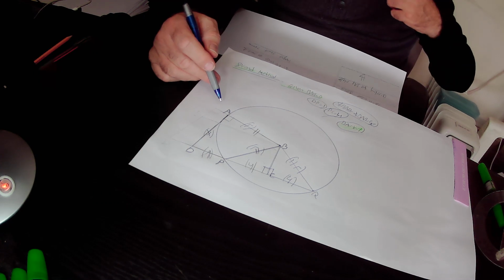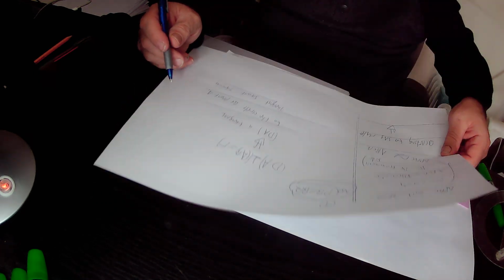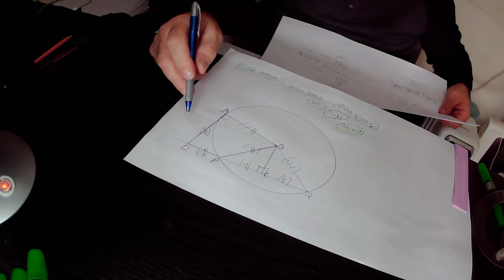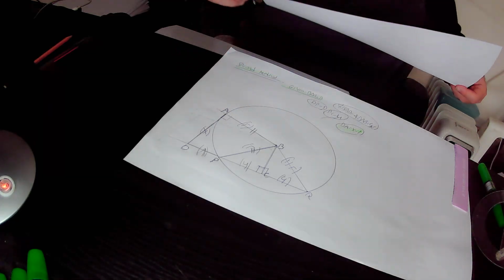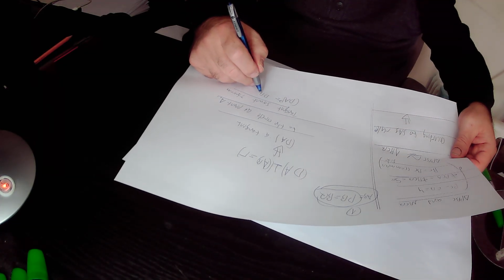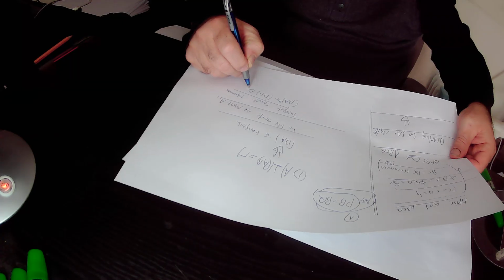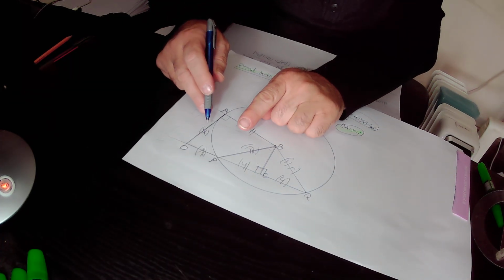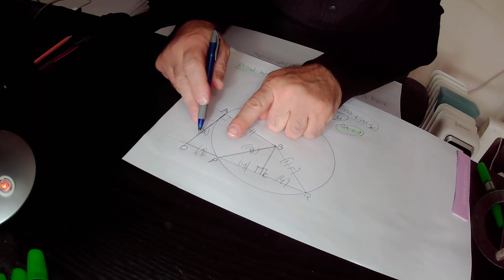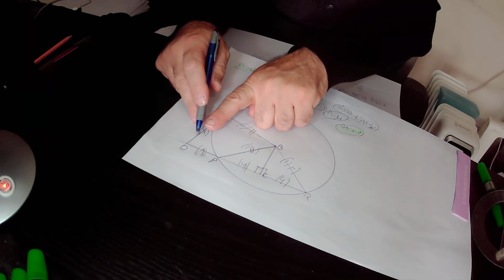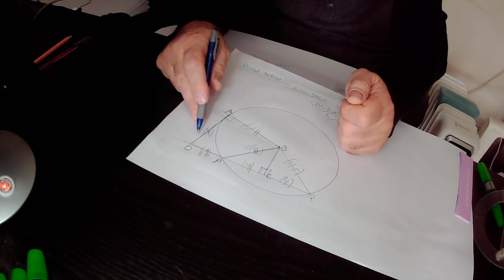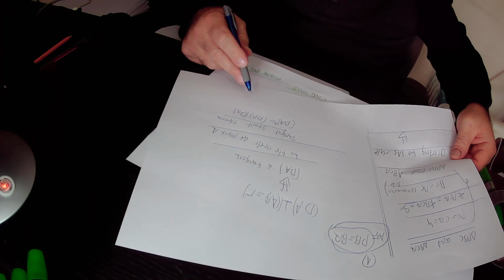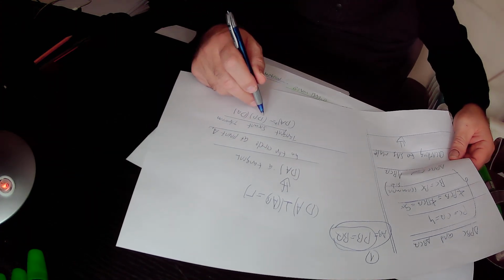DA squared, that is the length of the tangent squared, equals DP times DQ. DP times DQ is the product of the external part of secant DQ, that is DP, times the length of the secant in total, that is DQ. And it equals DA squared, according to the tangent secant theorem.